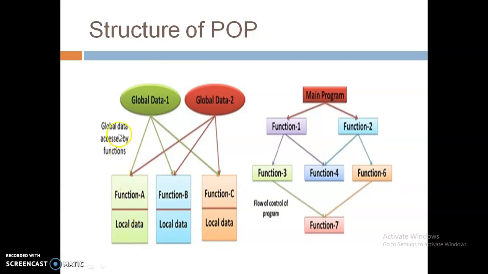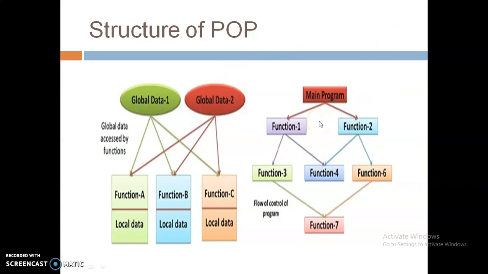So, whenever function A wants to communicate with function B or function C, they communicate through global data. That means function A, function B and function C share global data 1 and global data 2.